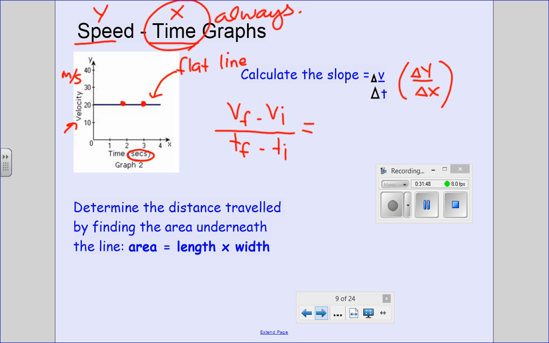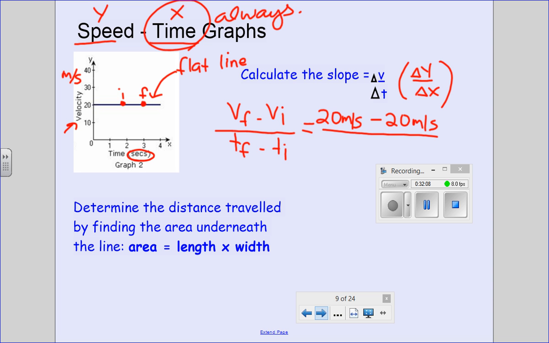No matter which 2 points on the graph I chose, let's pick this point and this point, my speed is the same. I'm going 20 meters per second the entire time. So my final and my initial velocity or speed is the same value, 20 minus 20.